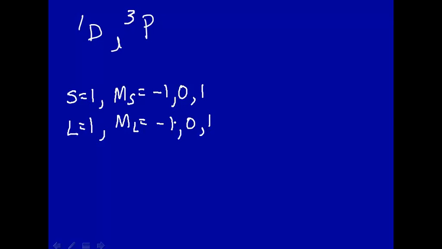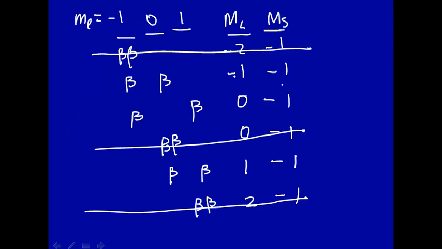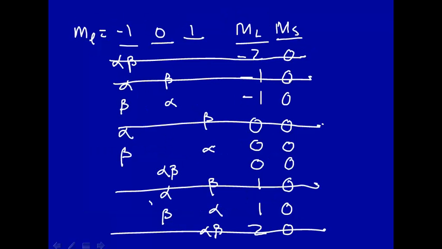So let's start crossing these things out. Let's do M sub L equal minus 1, and then cross out M sub S minus 1, 0, and plus 1. We're looking for all the ones that have M sub L equal minus 1. Here's M sub L equal minus 1 with a minus 1. Here, M sub L equal minus 1 with a 0.